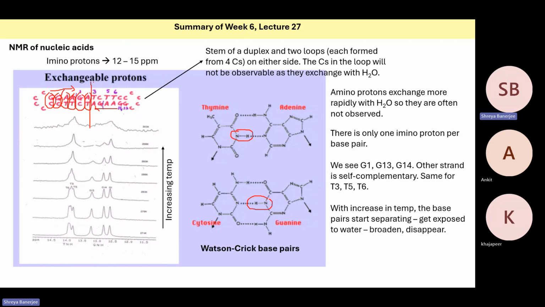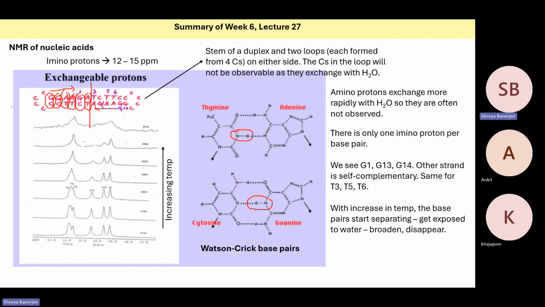So GC, GC, AT, AT, GC, AT. And if you read the other end of the molecule from down, it is the same: GC, GC, AT, AT, GC, AT.